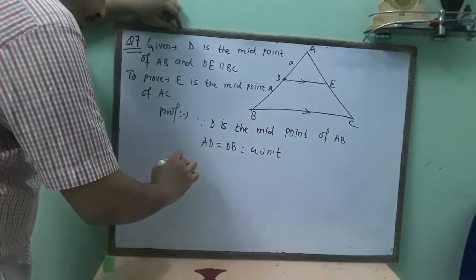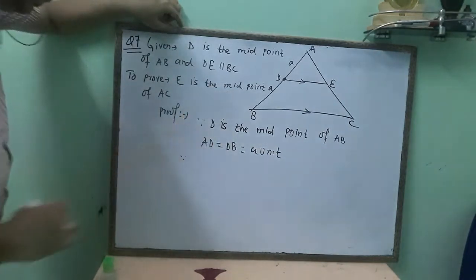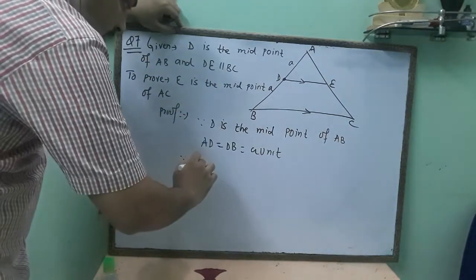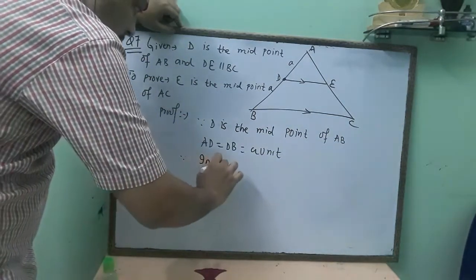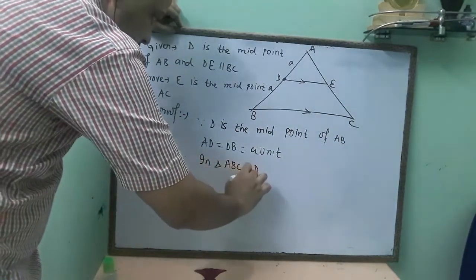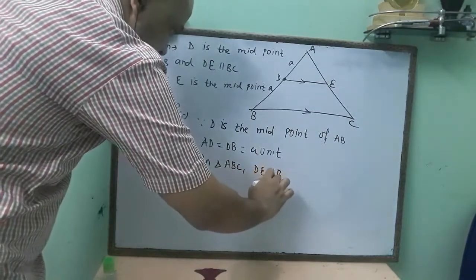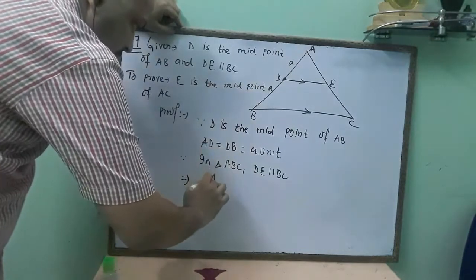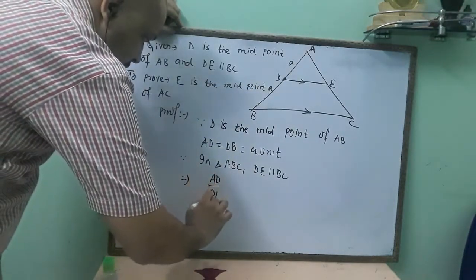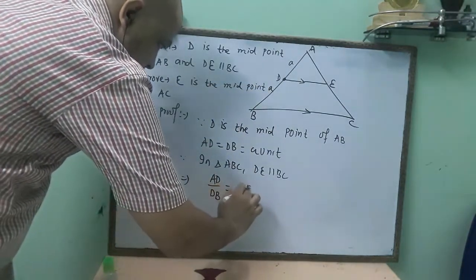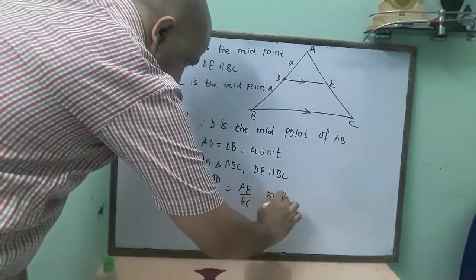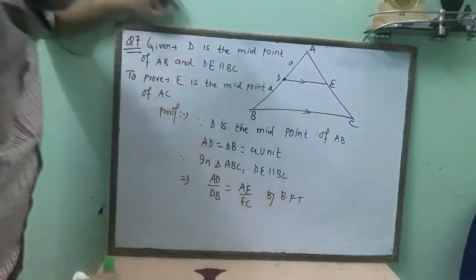Now, since DE is parallel to BC in triangle ABC, therefore by Thales theorem, we will start from this one. AD divided by DB is equal to AE divided by EC. This will be by BPT, basic proportionality theorem.